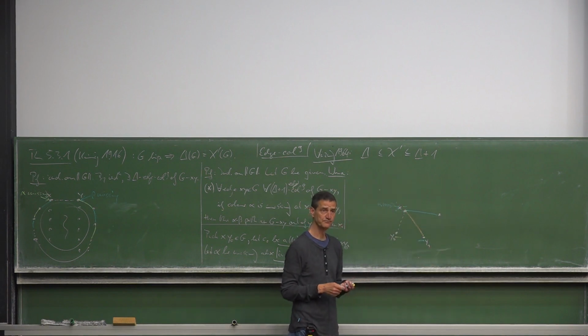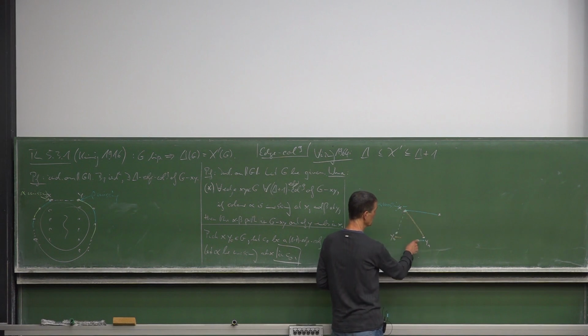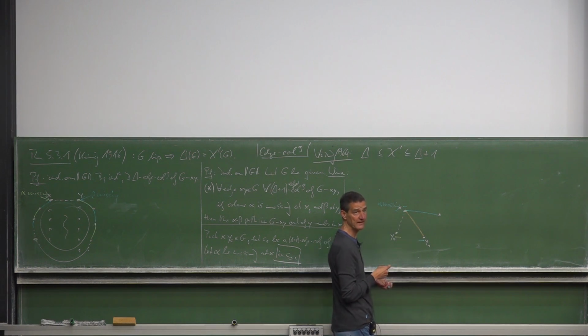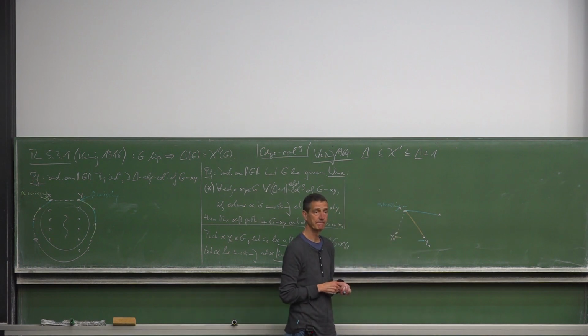Yes, there is. Suppose there isn't. Suppose there's no edge at X colored blue, then we could color this yellow edge with blue rather than yellow and use the yellow edge for here. All right? You get that?